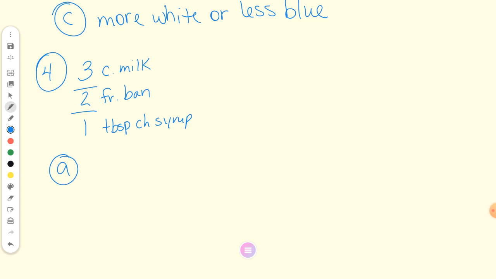Let's label first. I'm going to do milk in cups. Bananas, and chocolate syrup, and it's measured in tablespoons. So again, these labels are important.